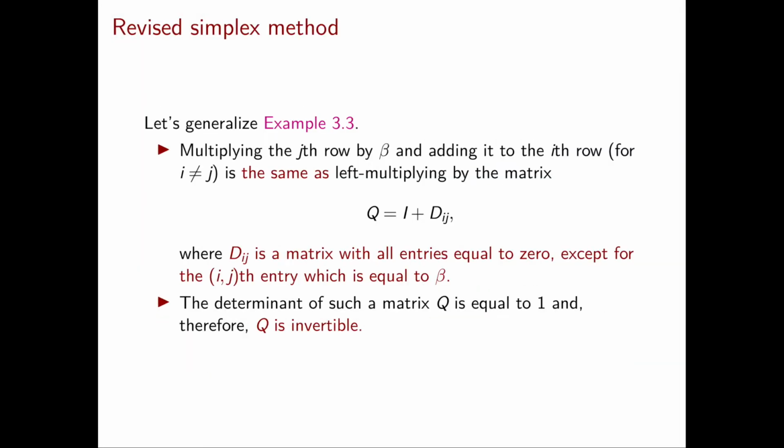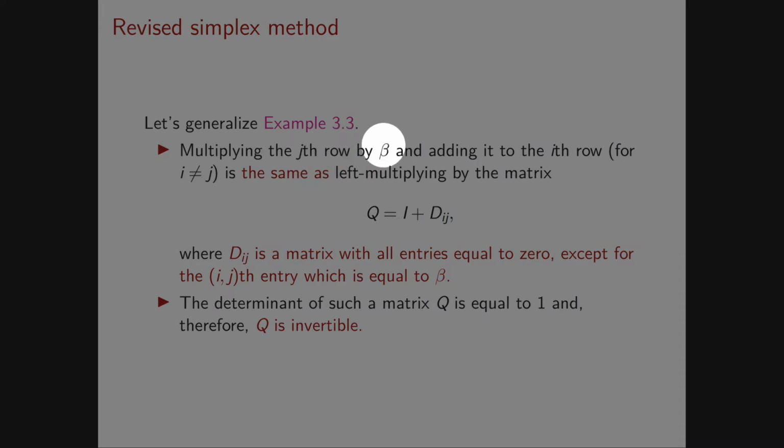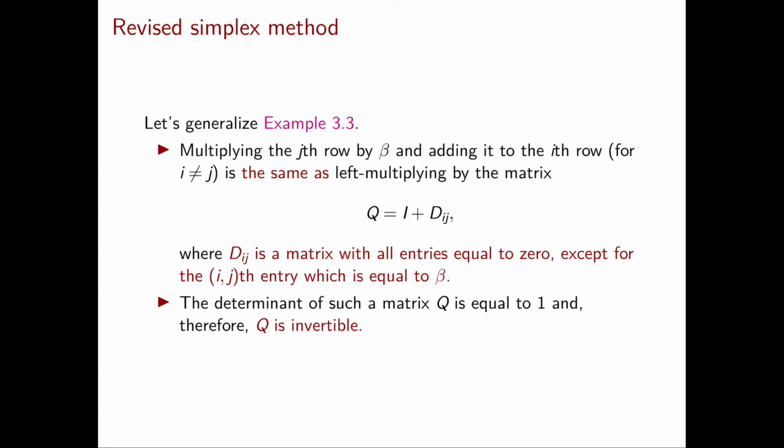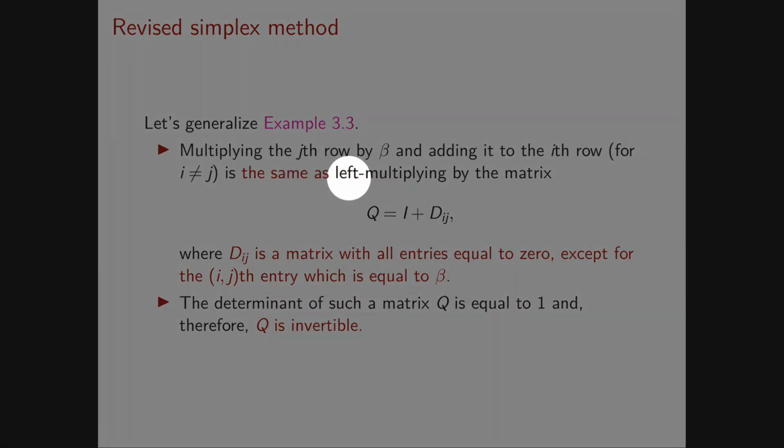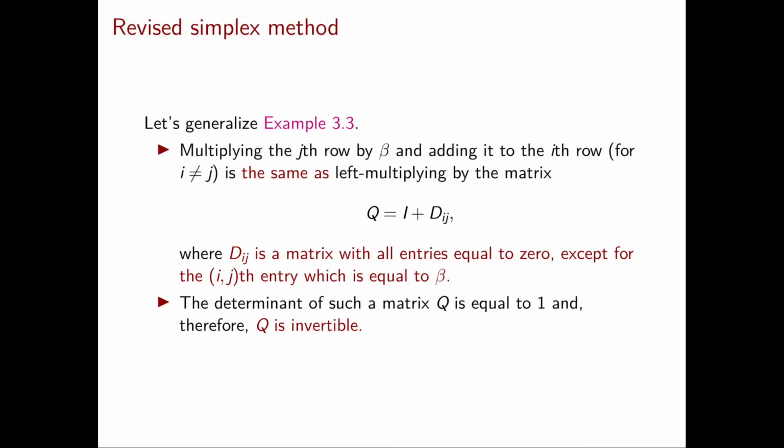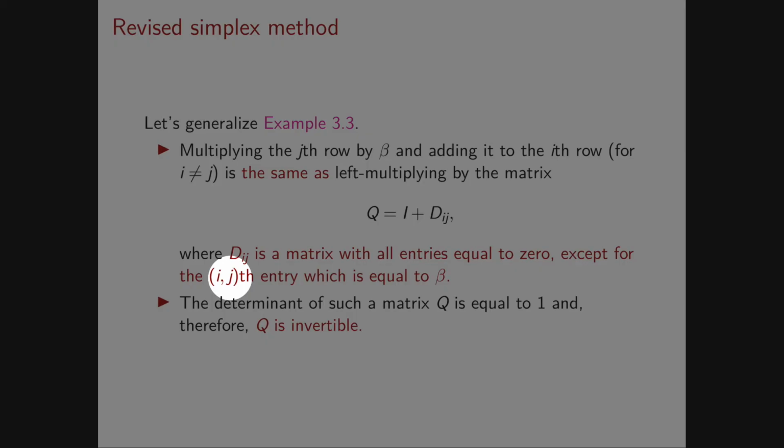Now let's generalize this example. You can show that if you want to multiply the jth row by a scalar beta and add it to the ith row, then this can be achieved by multiplying your matrix on the left by the matrix obtained by summing the identity with the matrix Dij, and Dij has all entries equal to 0 except for the entry in row i and column j, which will be equal to beta.